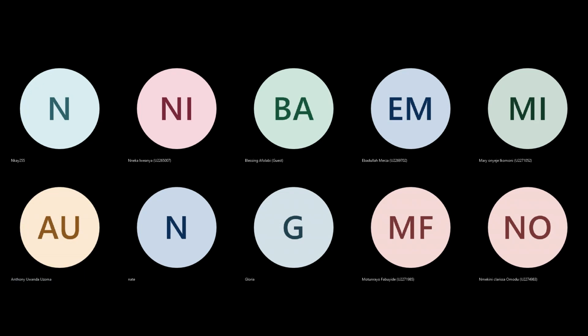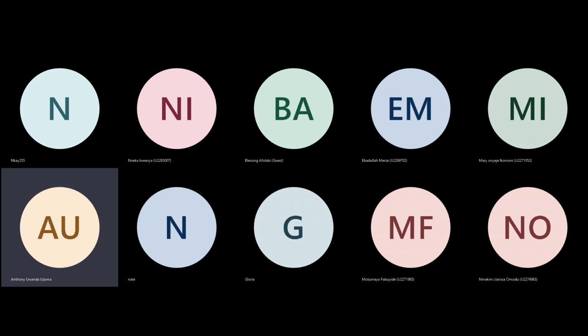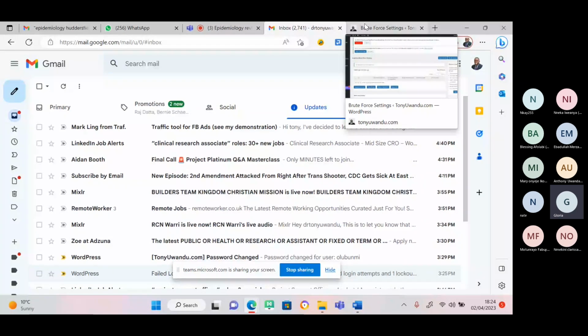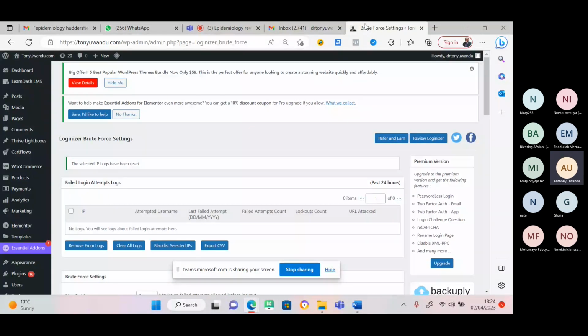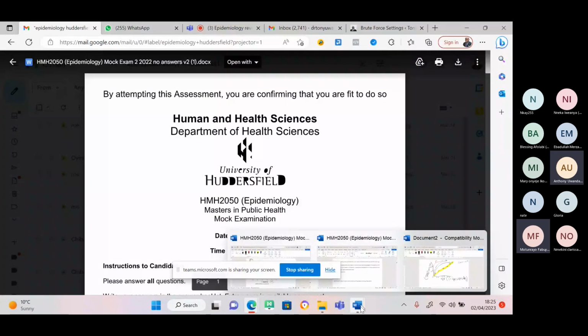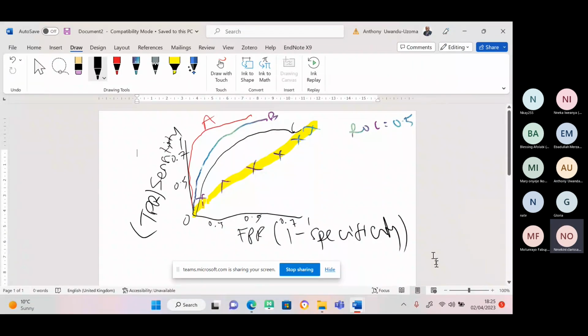Entire screen. Okay, all right. Can you see my screen now? Yes, we can see your mail. You can see my WhatsApp. Yes, we can see everything. Can you see the graph? Yes, we can. Okay, I think maybe I don't know why.